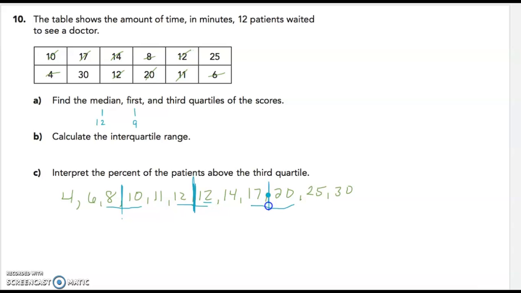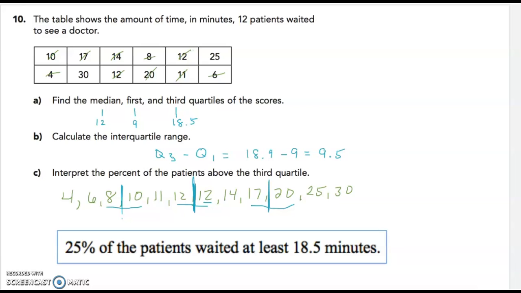The median of the upper half is 18.5. I got this by adding 17 and 20 to get 37 and dividing that by 2. Sometimes you can just eyeball it. So the interquartile range is Q3 minus Q1, in other words 18.5 minus 9, which equals 9.5.